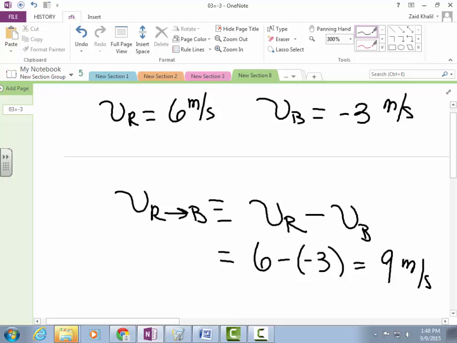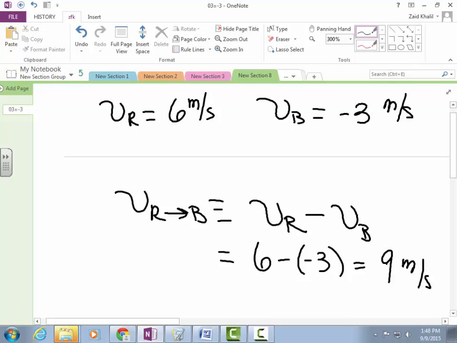There are 2 ways in which it's physically reasonable. The first way is that blue observes red going at a faster speed than we observe red. Correct? The other way is that blue observes red going in which direction? Be careful. Which way does blue see red going? To the right.